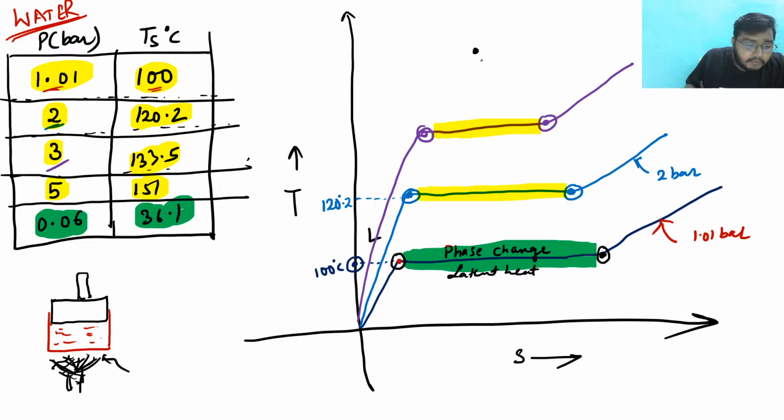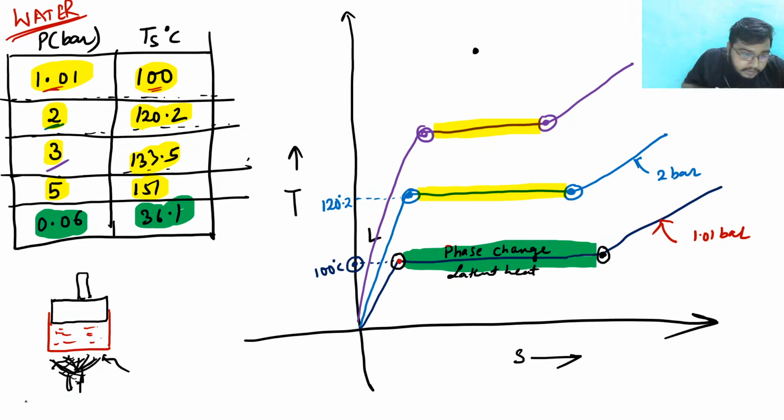At this point, what will happen? There is no requirement of latent heat, and automatically at that point the phase will change. So there will be a point that, once the component reaches that point, the phase will change.